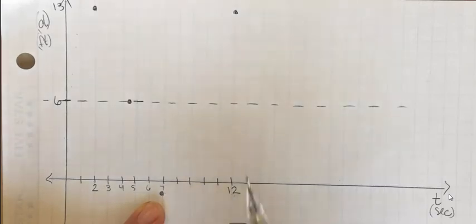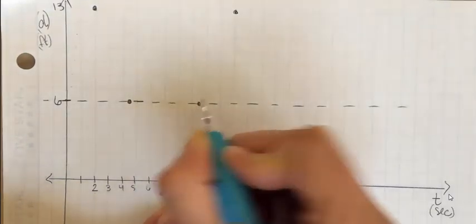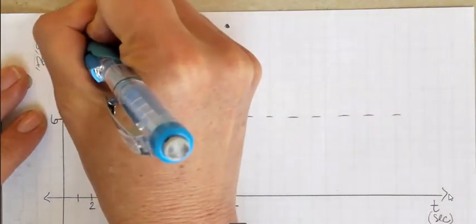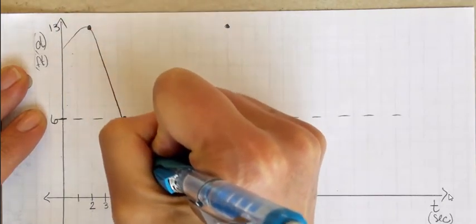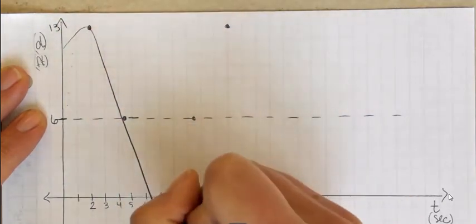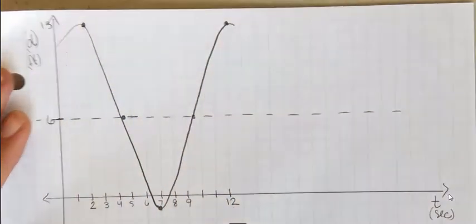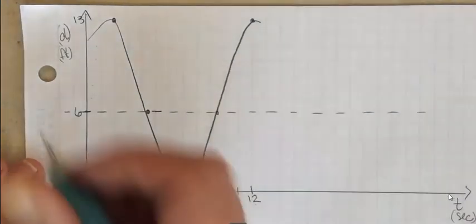Divide that by 2, that's 9.5. So I have a pretty good idea that this is going to look something like that. And that'll keep going on. Okay, so that was part A.